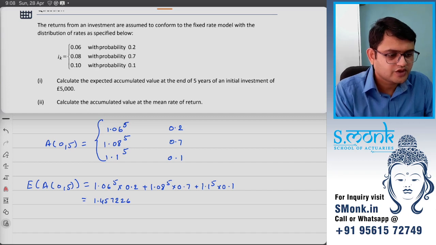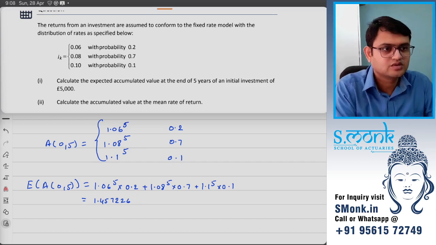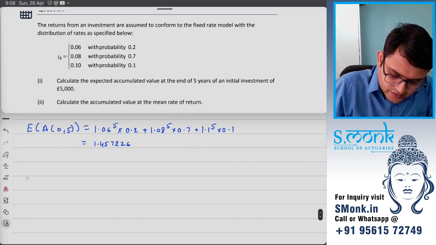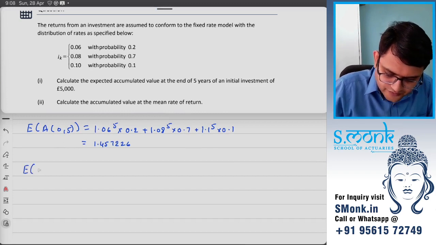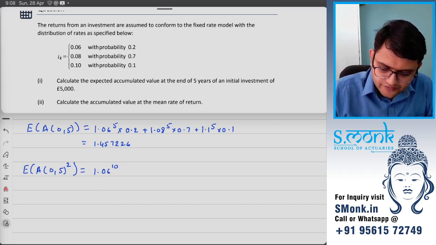Okay, now if you want to create the variance, we'll calculate expected value of accumulation factor square. So this will become 1.06 raised to 10, the square of the value, but the probability will not be squared.